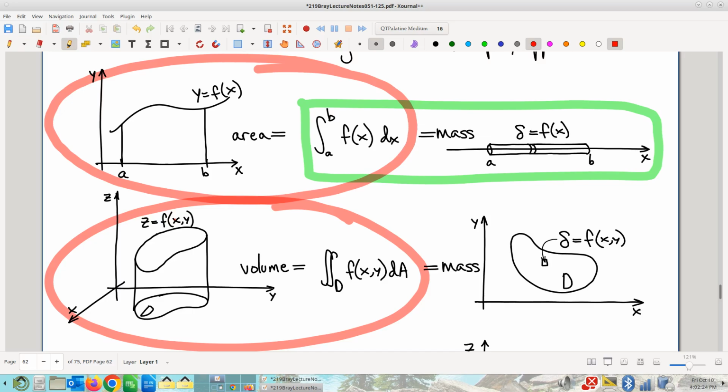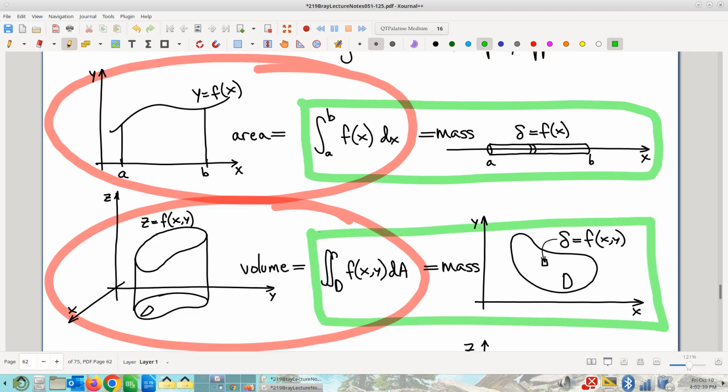A lot of students therefore like this point of view on double integrals because it's analogous to something that's super familiar. Pros and cons. Again, I like this take. I think this is more broadly useful. Think of a double integral where you're accumulating stuff, adding up over a two-dimensional region.